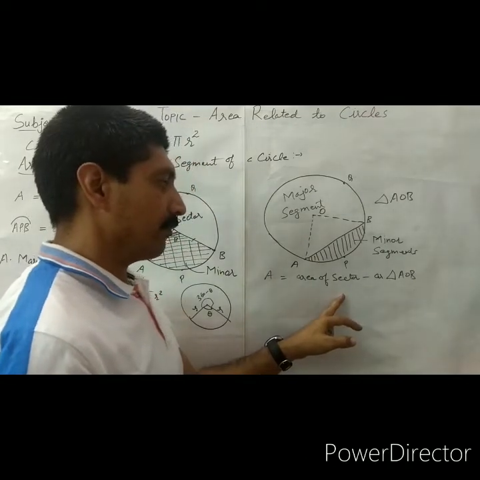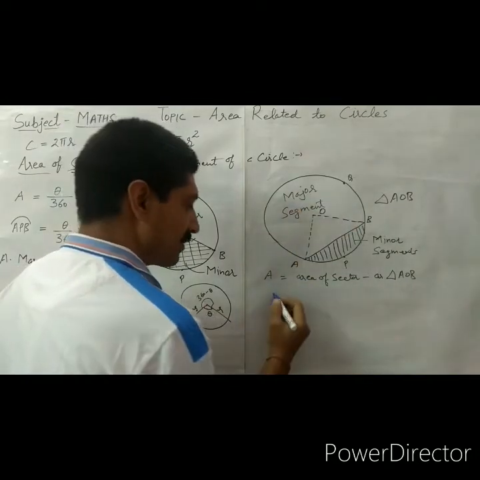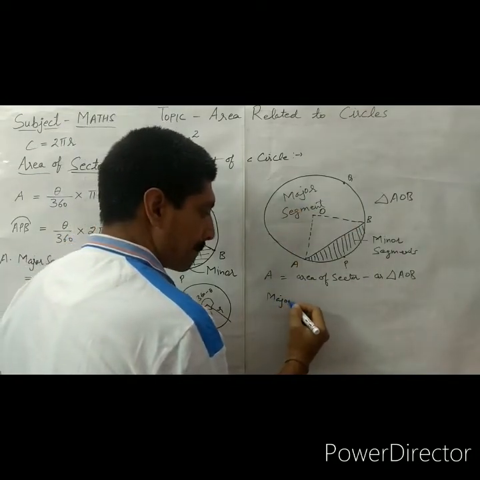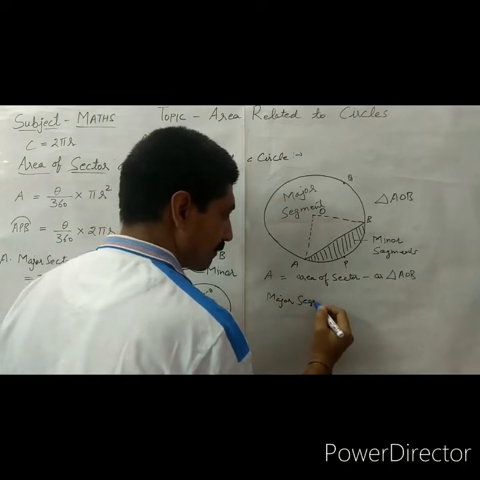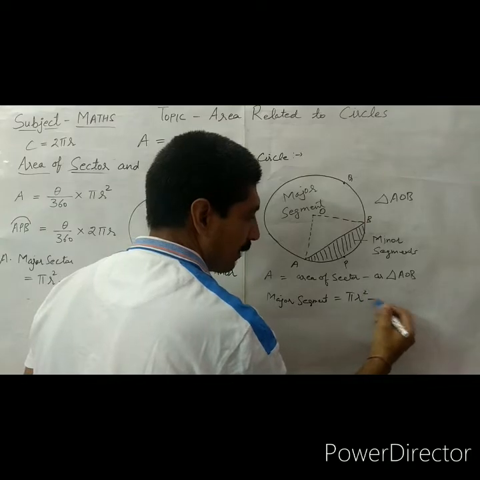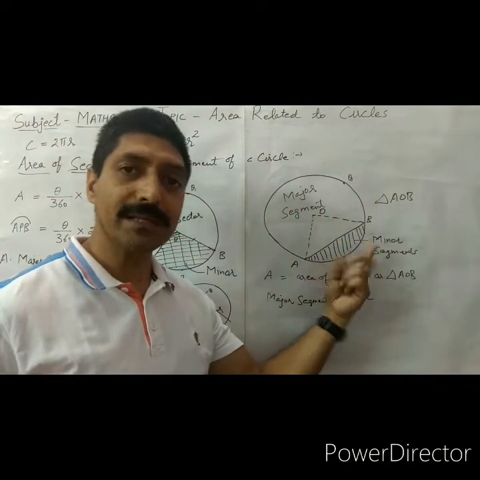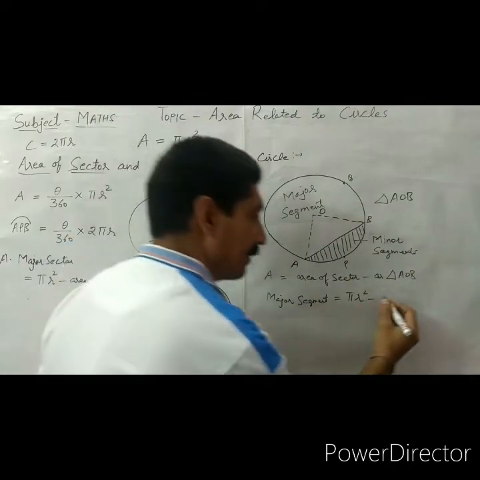Similarly, if we want to find the area of the major segment, that is equal to pi r square, the area of the complete circle, minus the area of the minor segment.